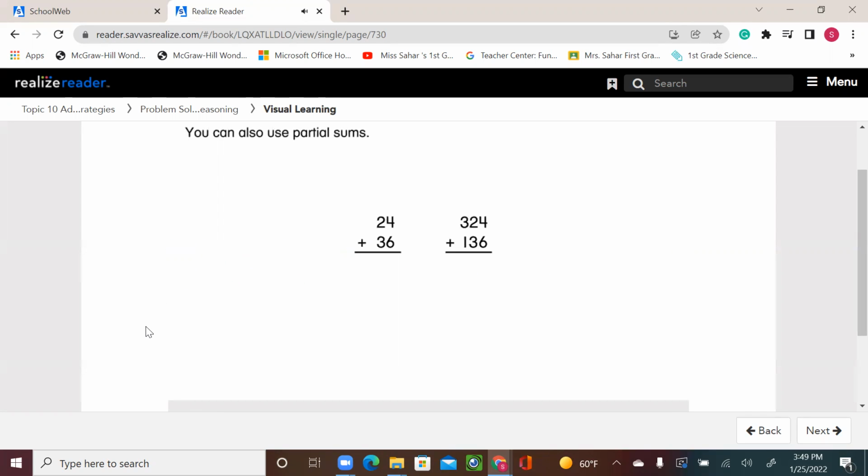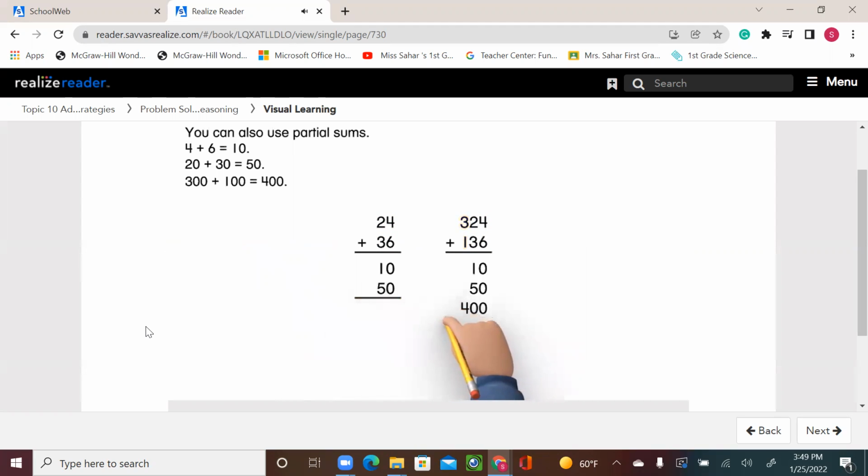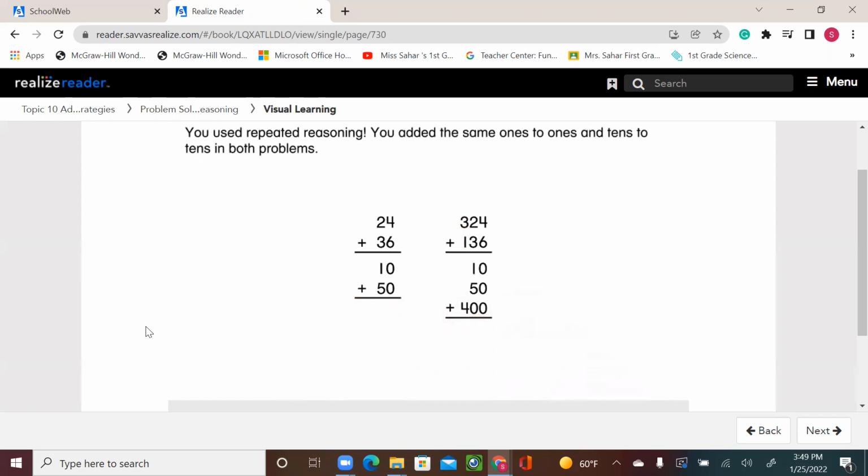You can also use partial sums. 4 plus 6 equals 10. 20 plus 30 equals 50. 300 plus 100 equals 400. You used repeated reasoning. You added the same ones to ones and tens to tens in both problems. 24 plus 36 equals 60. 324 plus 136 equals 460.